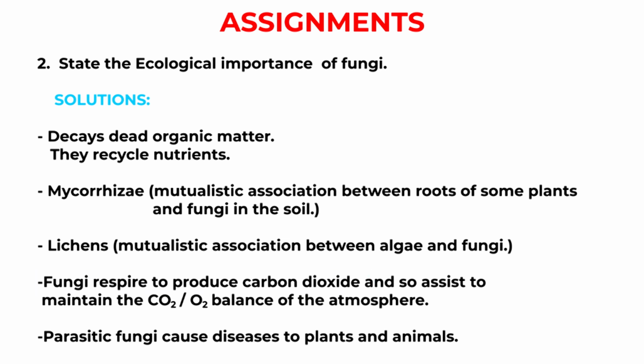Then fungi respires to produce carbon dioxide into the atmosphere, and so fungi assist to maintain the carbon dioxide oxygen balance in the atmosphere. There are a lot of parasitic fungi that cause diseases to plants and animals.